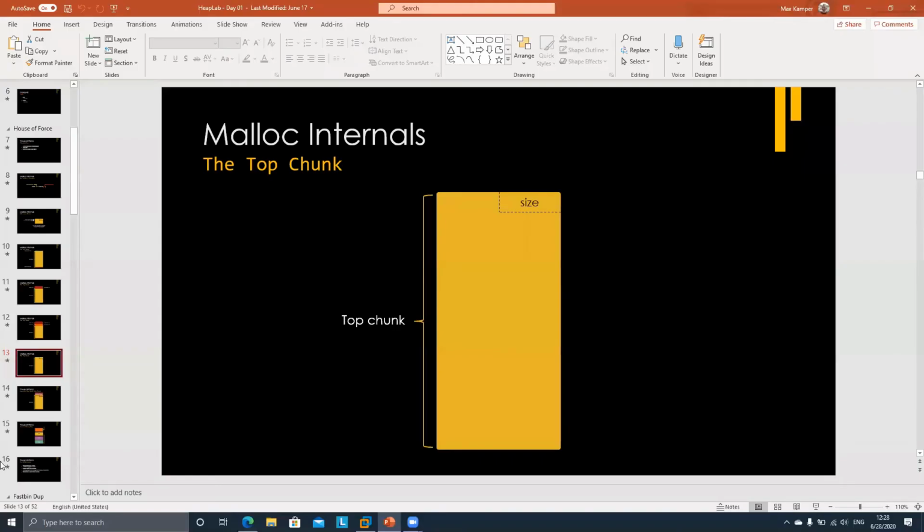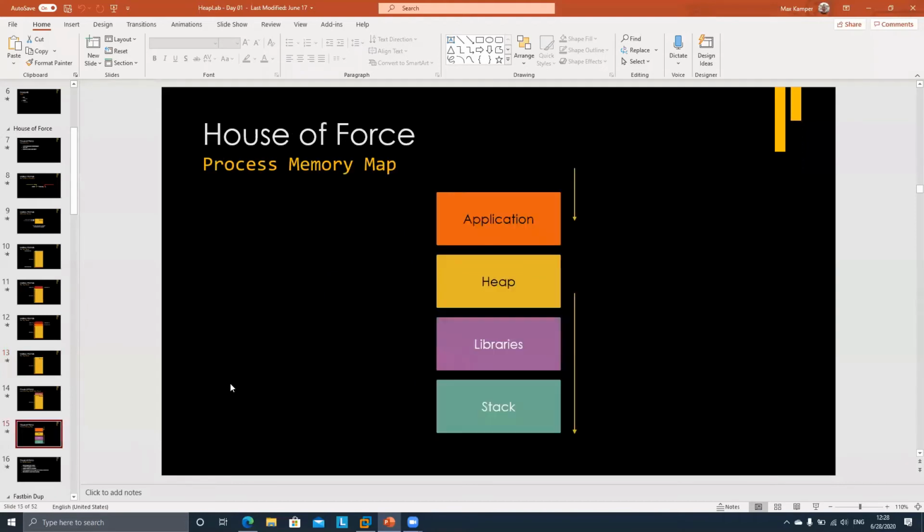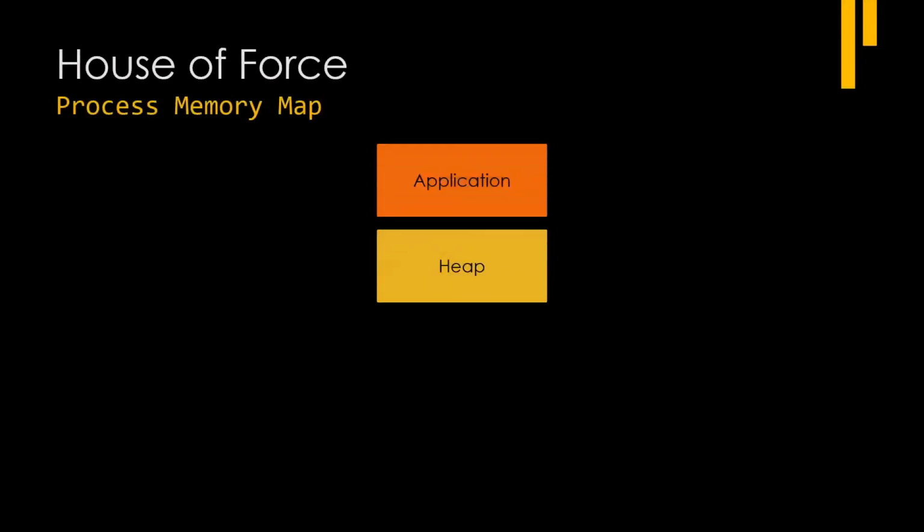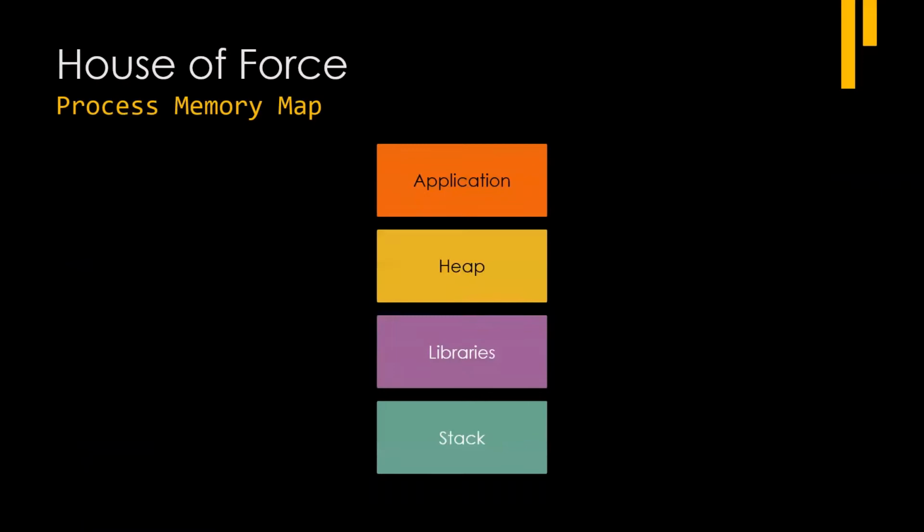So let's consider what we might be able to do if we overwrite the top chunk size field. This on your screen now is a simplified virtual memory map, much like what we saw with the vmmap command.